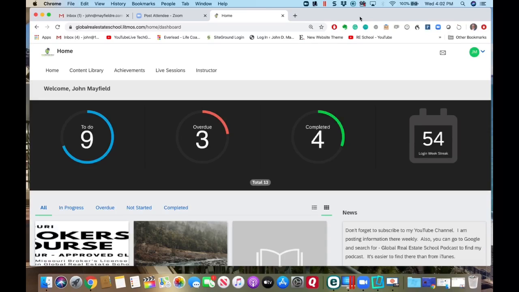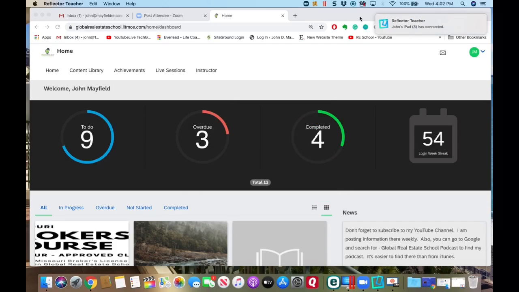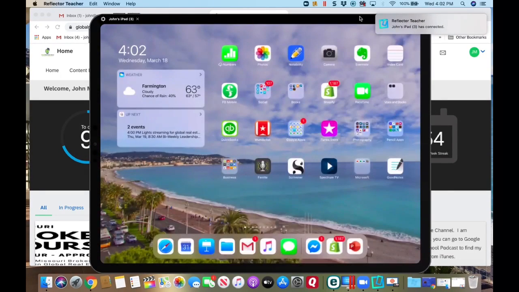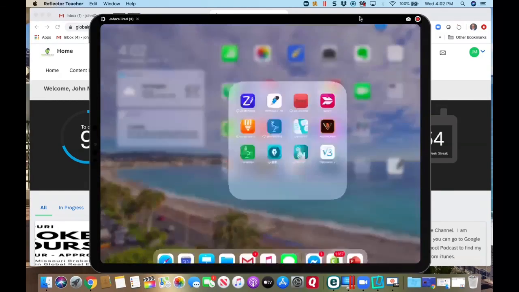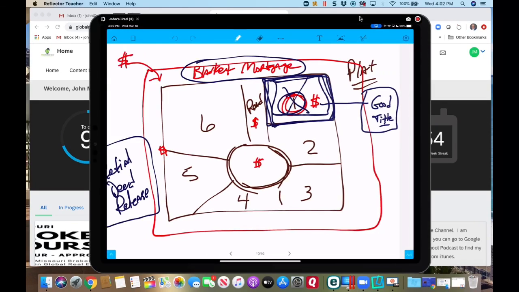There will be a little code that will pop up on the display here in just a second, but I can actually type in this code, and now you will actually be able to see my iPad. So I can work right off my iPad, and a lot of things that I do through my iPad is I can pull up my paper here.